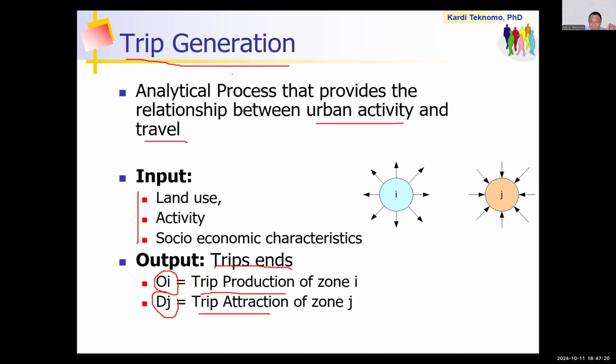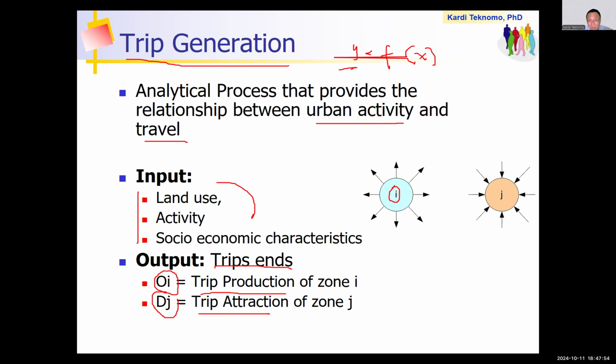So the goal of the trip generation model is Y is a function of X. The X here are the inputs, and the output Y is two, not one: O_i, which is trip production, and the other one, D_j, which is trip attraction. So from one zone, how much it produces, the trips.